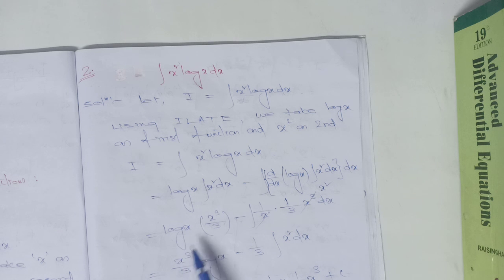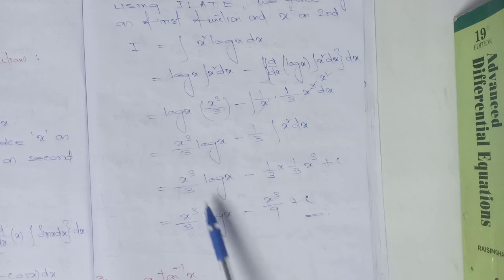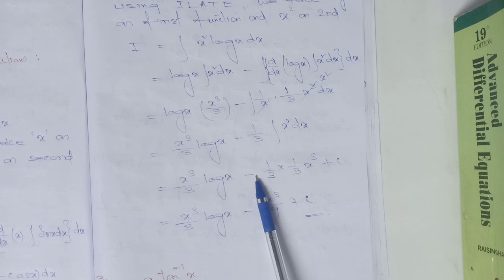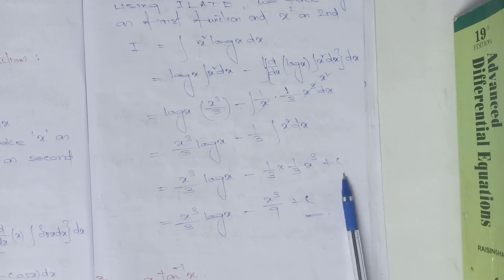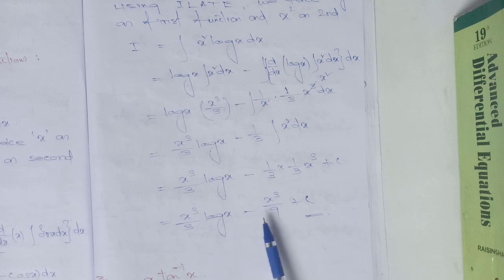So x cube by 3 log x minus 1 by 3 comes out, x into x cube cancelled, x square dx. So x cube by 3 log x minus 1 by 3 times the integration of x square, which is 1 by 3 x cube, plus c. So the answer is x cube by 3 log x minus x cube by 9 plus c. So students, I hope all of you are understanding this question.